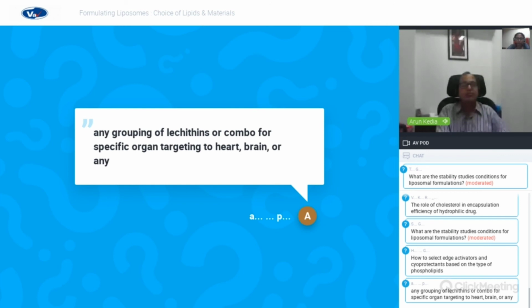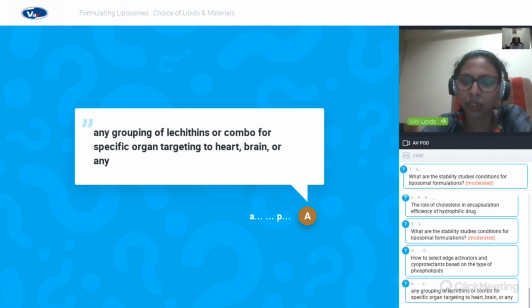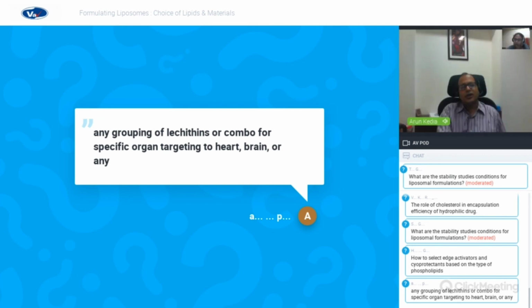But the last question for today, would you recommend any combination of lecithins or lipids to target specific organs like heart or brain or any critical organs? No. So there are no lecithins which can specifically target any organ, except then when you're targeting organs, again, it depends on the route of administration.